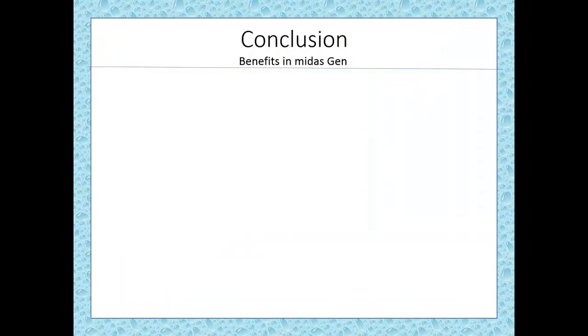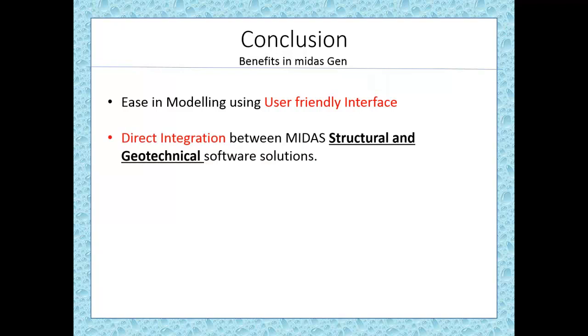So basically, there was ease in modeling in GTS NX as well as in Gen. We have seen how easy it can be modeled in previous webinars. Okay, and further we have got a direct integration between the structural solution and the geotechnical solution. Then we can see the auto constraints that was done in GTS NX, which is a time-consuming process as compared to other programs.